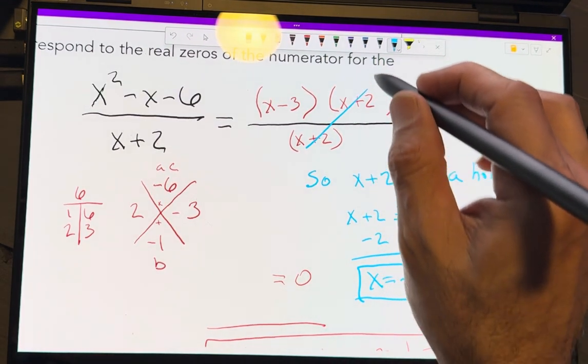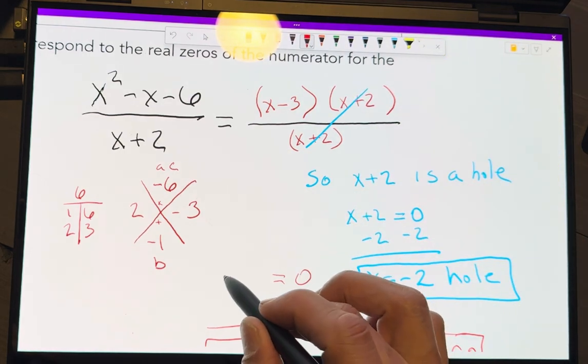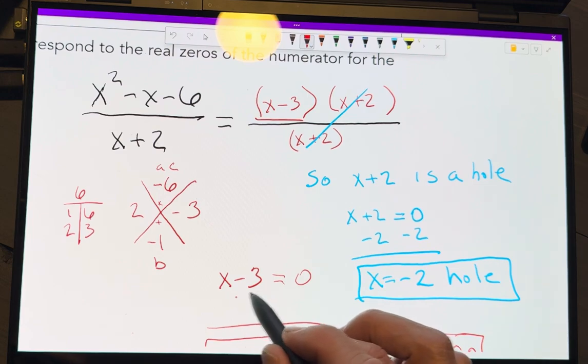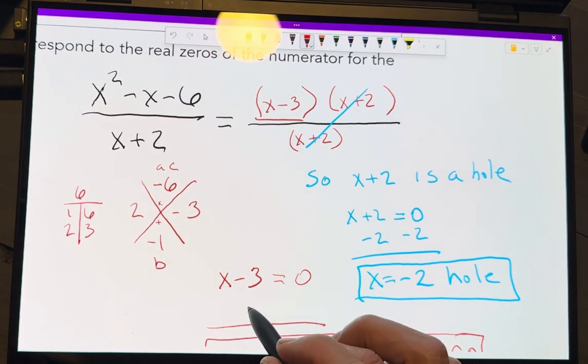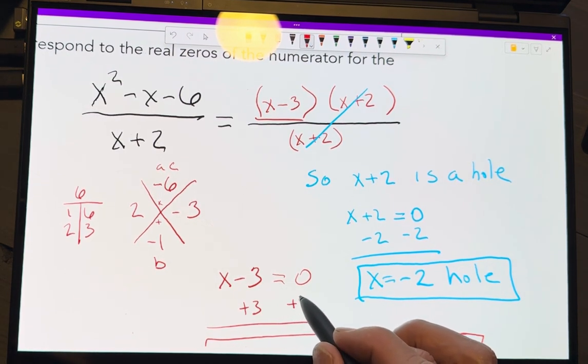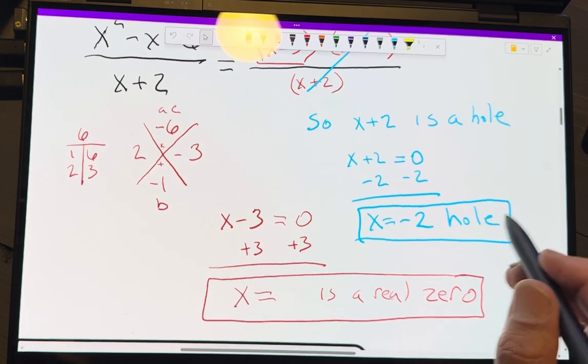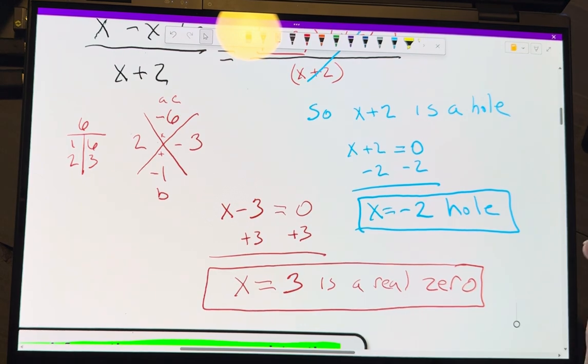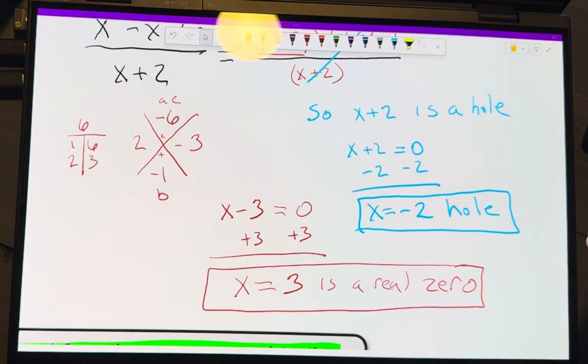And then let's solve for this quantity, x minus 3. X minus 3 is equal to 0. Let's add 3 to both sides. And x is equal to 3, which gives us our other real zero, or our only real zero.